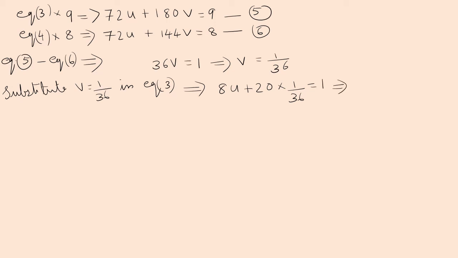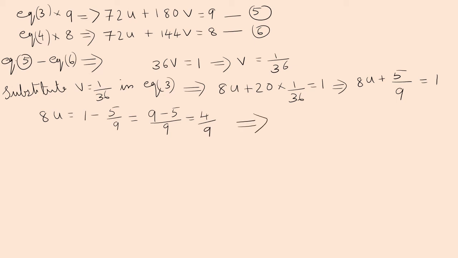That is 8u plus, by cancelling the common factor, that is 4, 5 fours are 20 and 4 nines are 36, equals 1. That is 8u equals 1 minus 5 upon 9, that is 9 minus 5 upon 9, 4 upon 9. From this you will get 8u equals 4 upon 9.